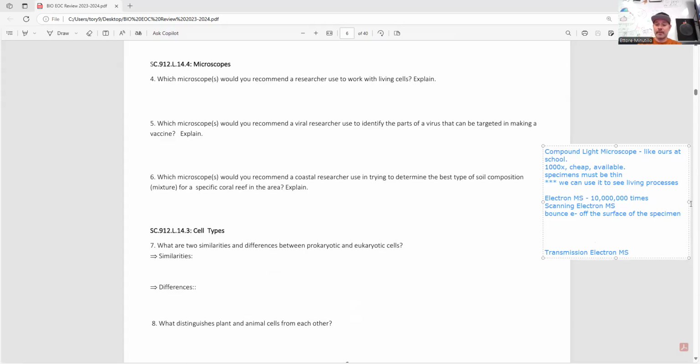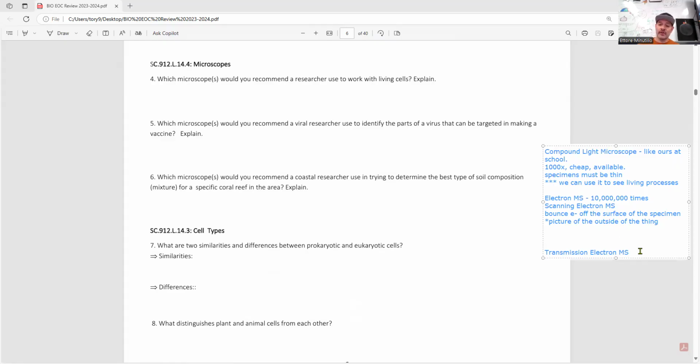This is going to give us a picture of the outside. So if I was trying to see what the outside of a cell looks like, if I was trying to zoom in and look at the exterior structure of something and see what it's made of and what pieces and parts might be on the outside of it, I would use a scanning electron microscope.